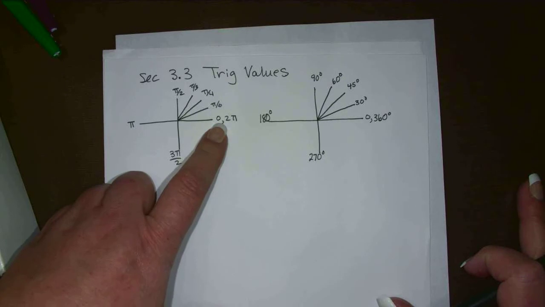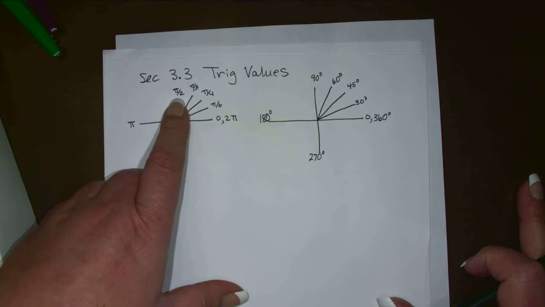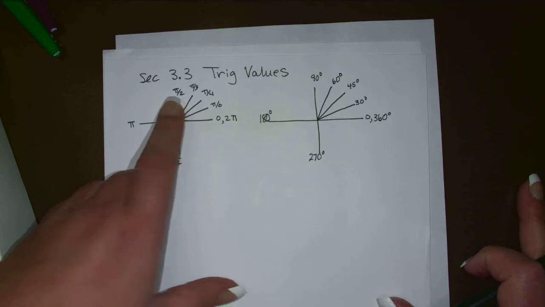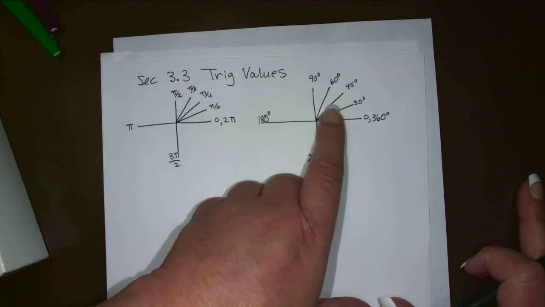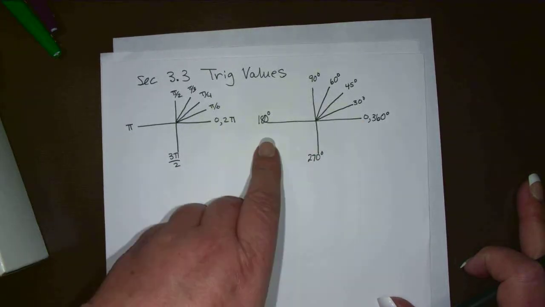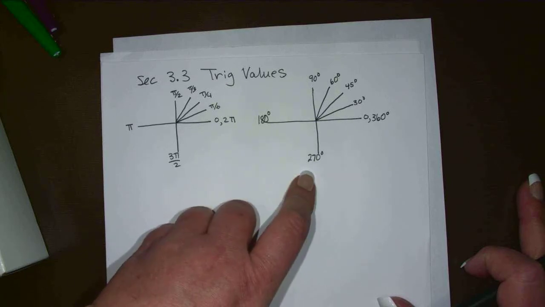So here's 0, up on the positive y-axis is pi over 2, pi, 3 pi over 2. And then for degrees, those would be 0, 90, 180, 270, back to 360.